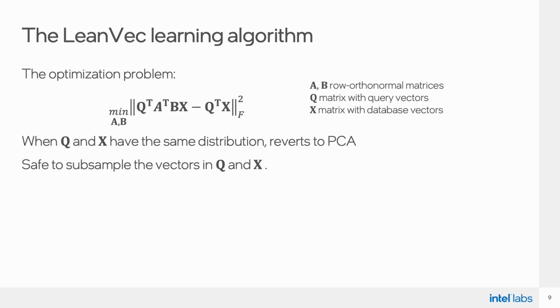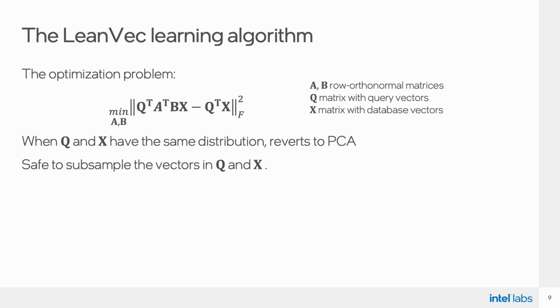The projection matrices A and B that are used in our inner product approximation are learned from data in LeanVec. We consider the following optimization problem that takes into account all the inner products between a set of query vectors Q and a set of database vectors X. The projection matrices A and B are constrained to be row orthonormal matrices. When the set of query vectors and database vectors have the same statistical distribution, this problem is built in such a way that the resulting matrices A and B revert back to PCA behavior.